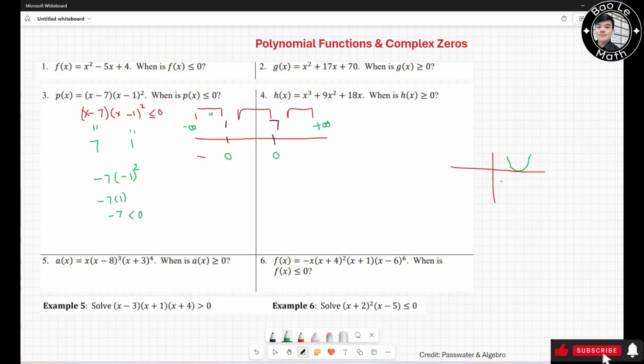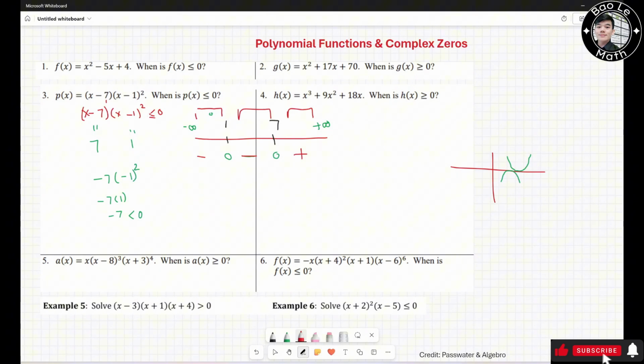So if this side is negative, this side must be negative. And right at this number, we have multiplicity 1, so the function changes sign. So this is negative, and this one must be positive. Alright, so keep that in mind.